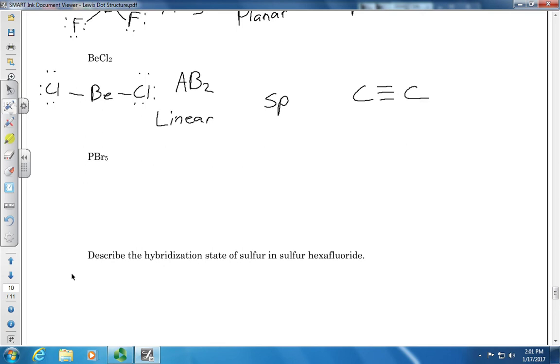Last one on our list here is phosphorus pentabromide, which is going to have a phosphorus and bromines here, here, here, and finally there. And each of the bromines have their lone pairs.